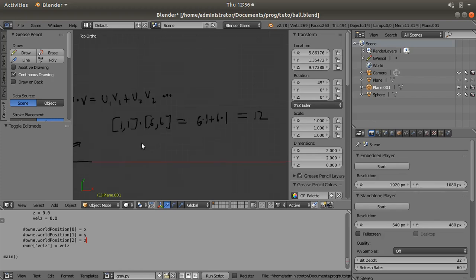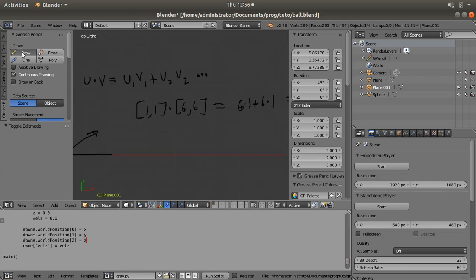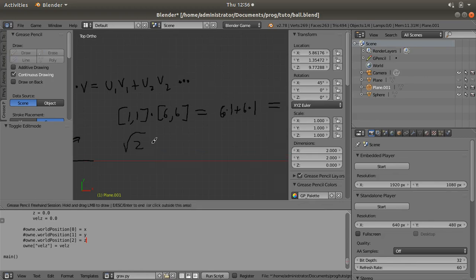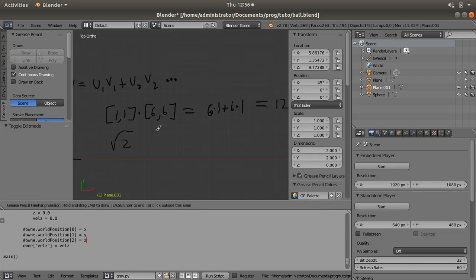So remember that the magnitude here is square root of 2. Magnitude here is 6 square root of 2.